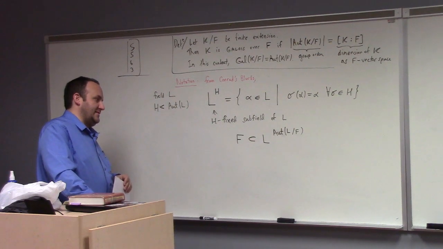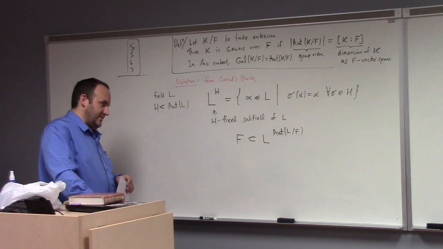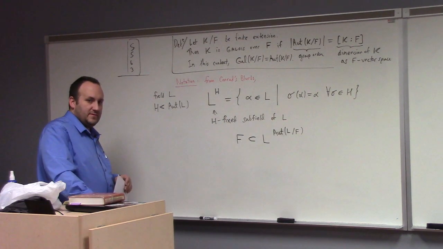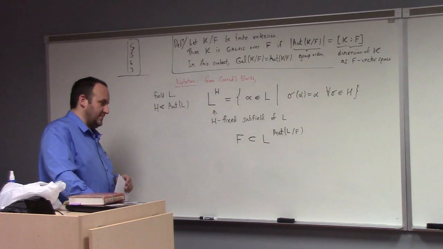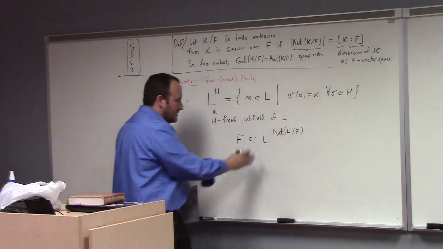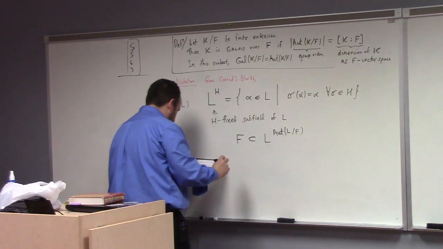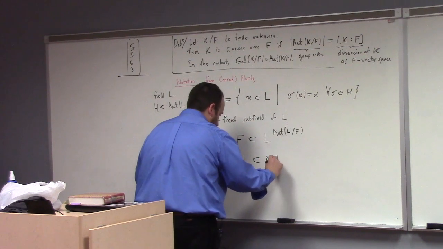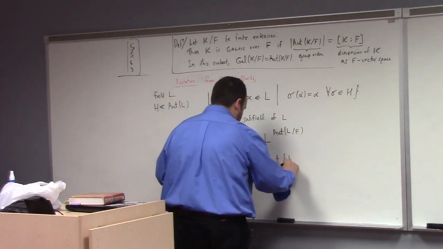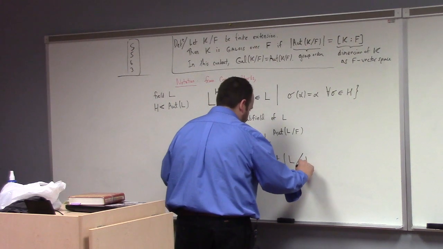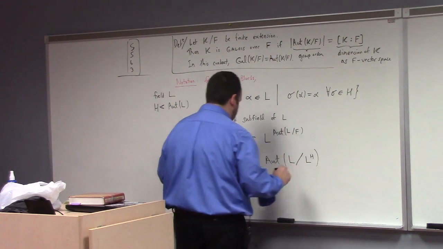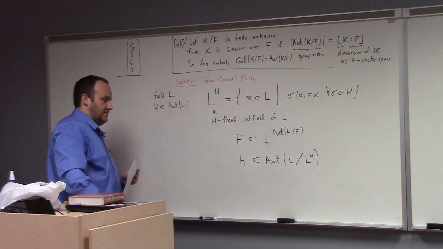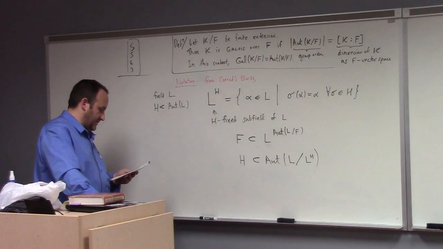This is saying that F is a subfield of its fixed field with respect to the F-fixing automorphisms. And also, H is a subset of the automorphisms of L which fix the fixed field of H. This is also true.